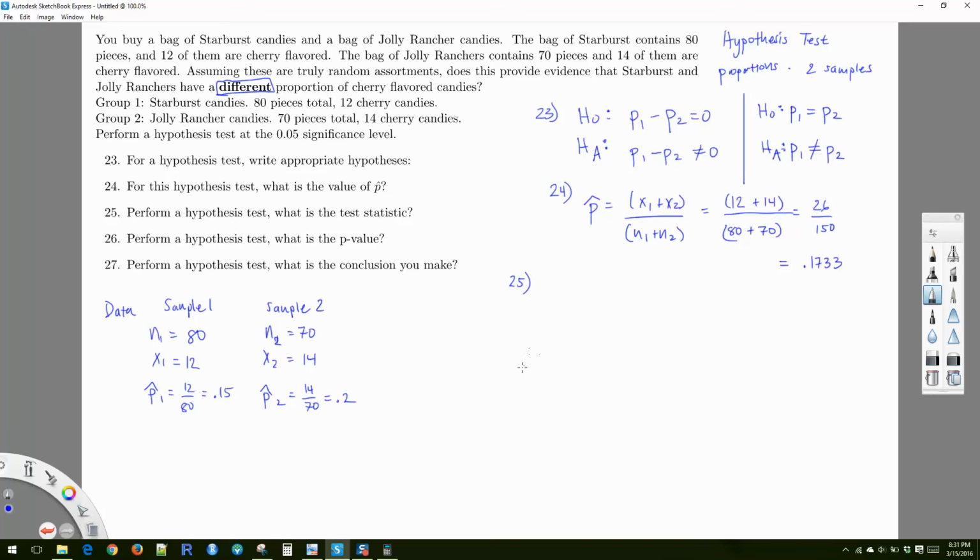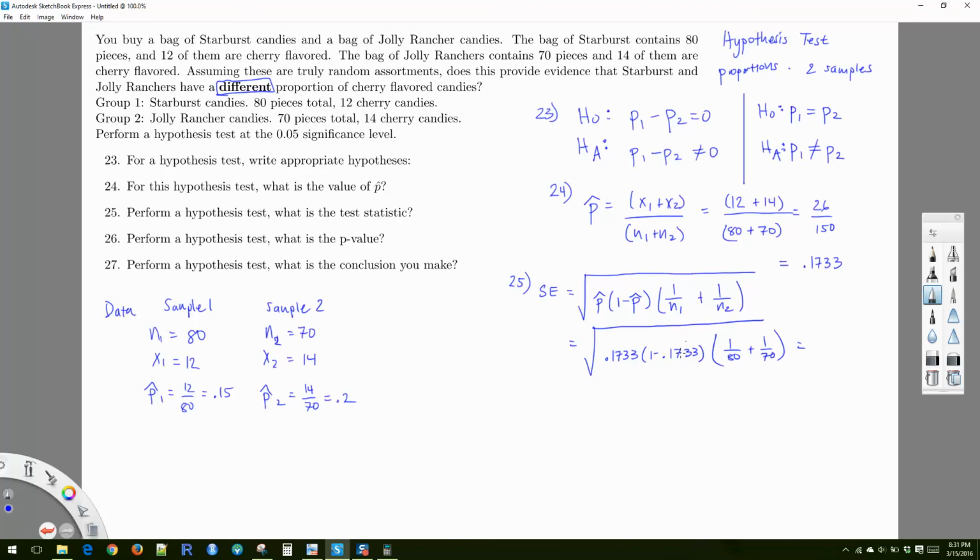Okay, 25. Okay, let's figure out our standard error. Standard error is going to be the square root of p hat times 1 minus p hat, times 1 over n1 plus 1 over n2.